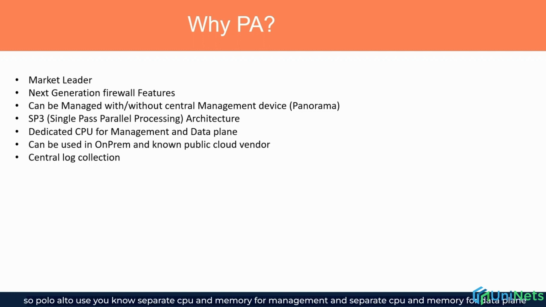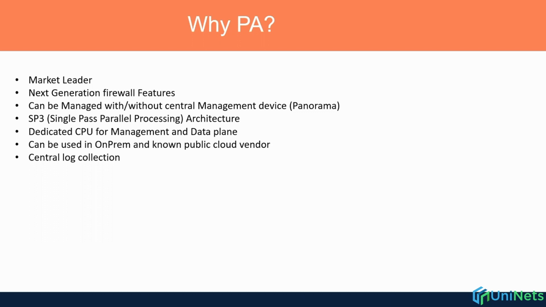So Palo Alto uses separate CPU and memory for management and separate CPU and memory for the data plane. So if the data plane is overutilized and you want to access your firewall, you would be able to access it, because the management plane would be free. Same way, if there is a problem on the management plane, your data plane would not be affected.